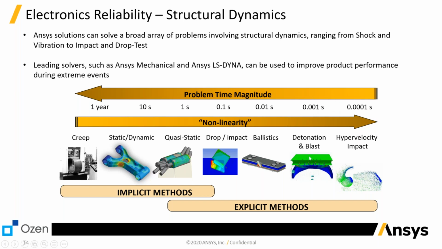So if an event is happening of the order of milli and microseconds, then you definitely want to use explicit methods. And if an event is happening over more than a second, like 10 seconds, or over years, like creep happens over years. It doesn't happen instantaneously. It does happen over a long period of time.